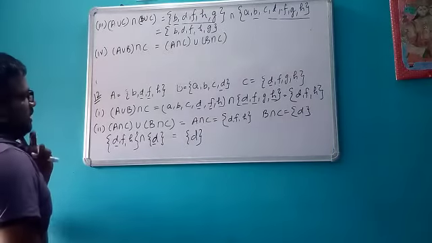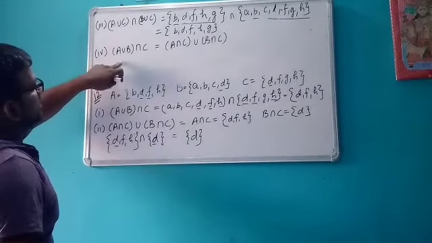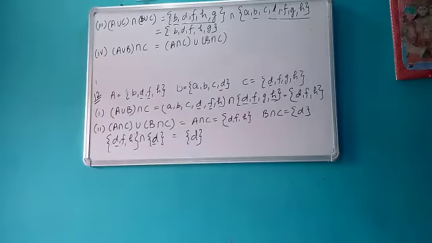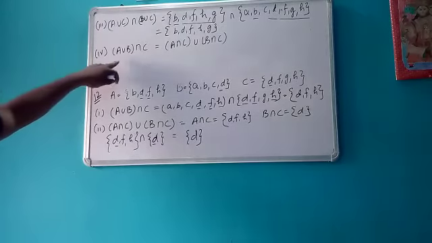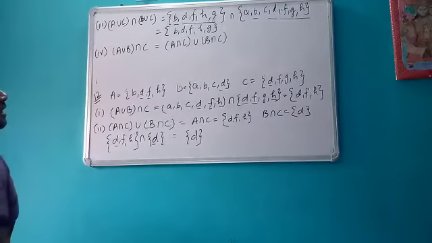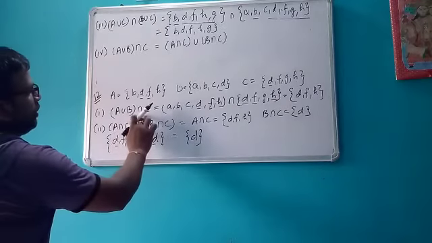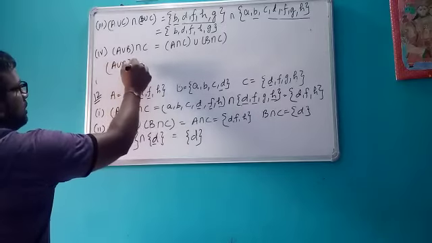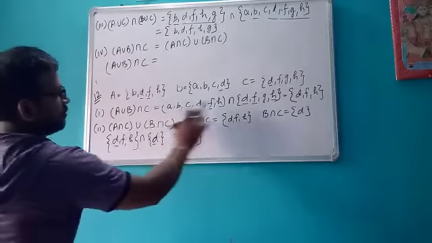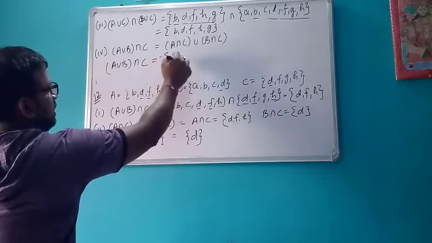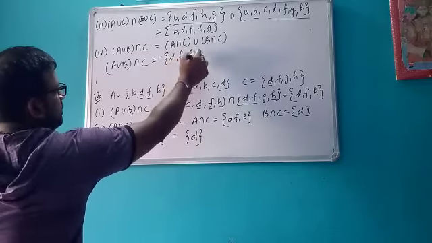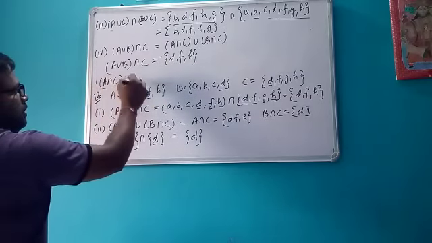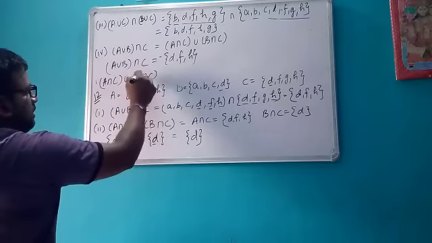Now in the last part we have to check whether this is equal to this. So A union B intersection C. What was A union B intersection C? This was our answer: D, F, H. And what was A intersection C union B intersection C?